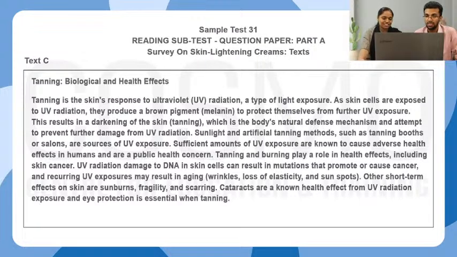The answer is cataracts. Be very careful. The answer given is a plural, not a singular. So the answer is cataracts. The S is essential. You have to write the same word as it is given in the text. If the word given is a plural, you have to answer the short answer with a plural word. So the answer would be cataracts.